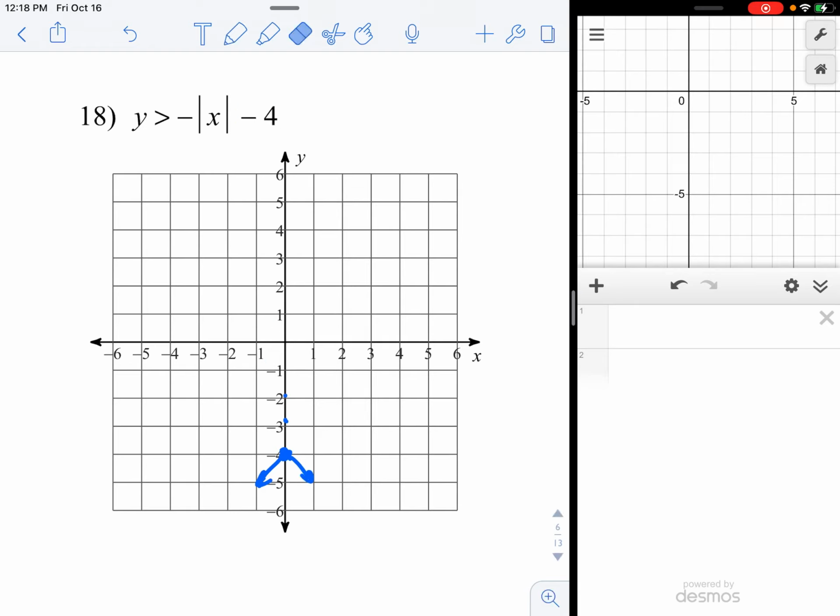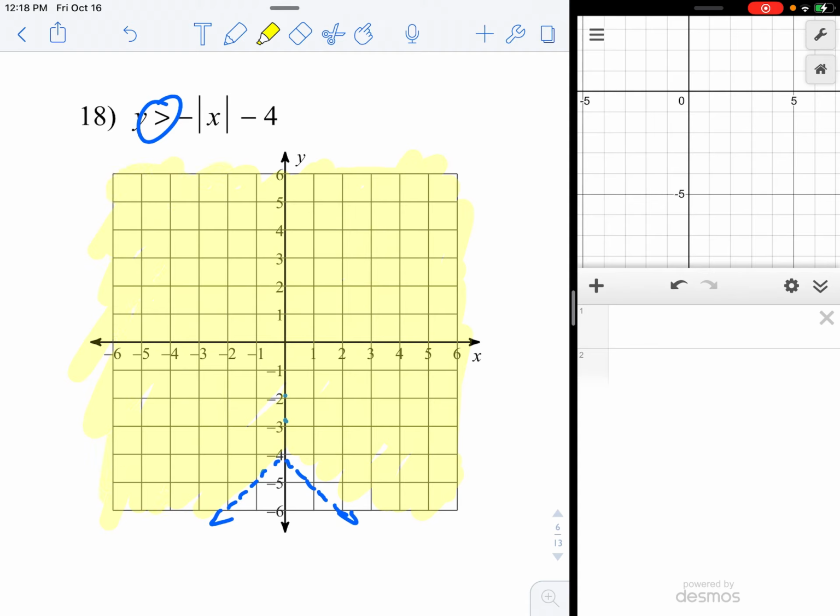The fact that there is no equal sign is going to make this a dotted line instead of a solid one. And this time a greater than shades above the graph. So above is all of this space up here. So that is what the answer should look like.